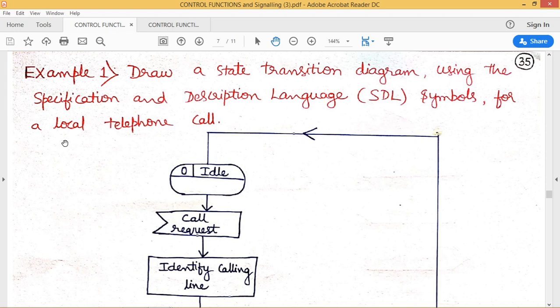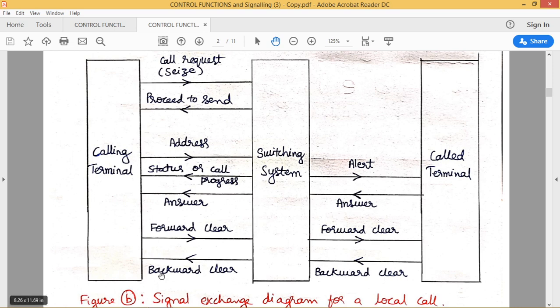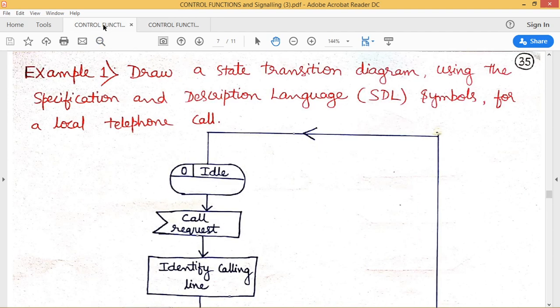So for that scenario, we will draw a state transition diagram. We will make use of the signal exchange diagram for a local call. So with respect to this, we will write a state transition diagram for a local telephone call.